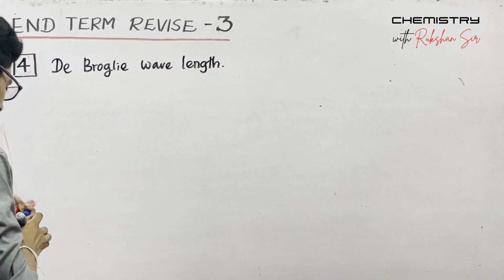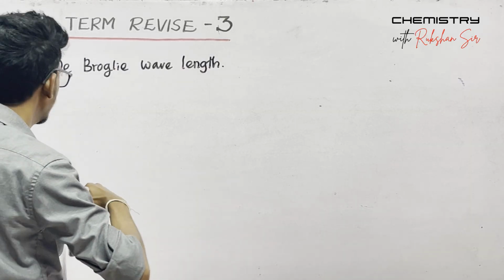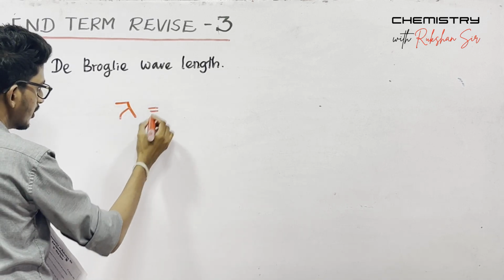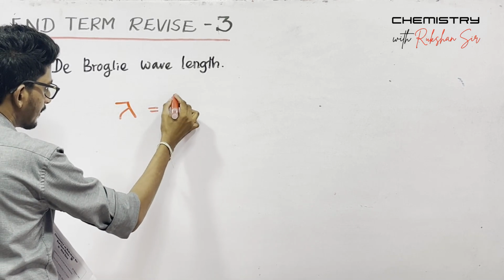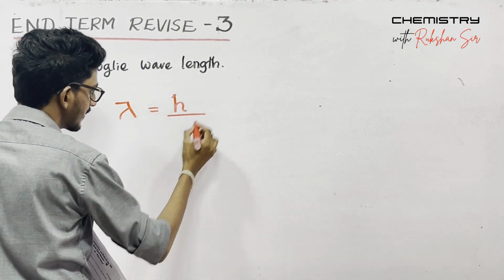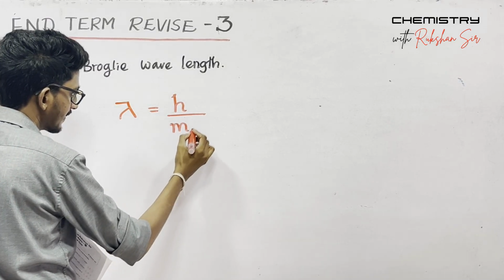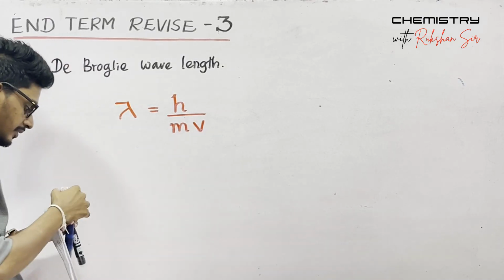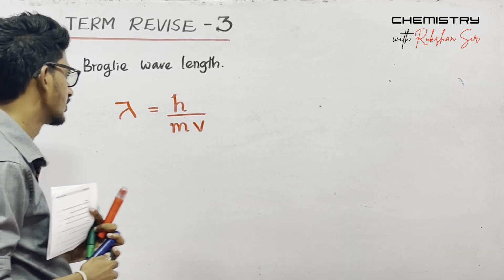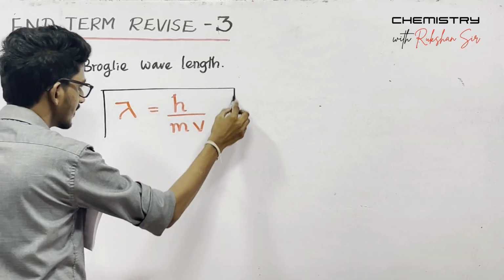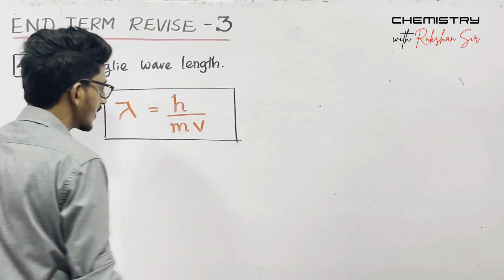So what is the equation related to the de Broglie wavelength? De Broglie wavelength is equal to the Planck constant divided by the momentum. Momentum means the mass into the velocity of the particle. So this is the de Broglie wavelength equation.